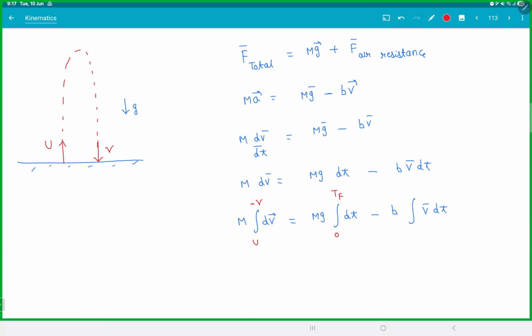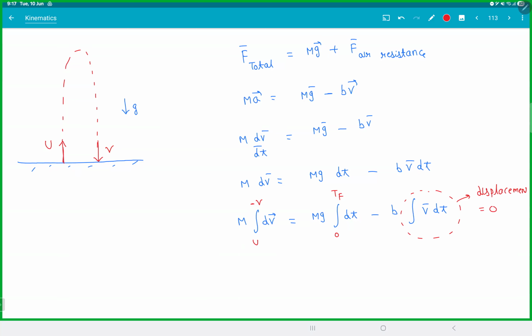Now look at this thing. I don't know v, I don't know dt. I don't know how to calculate this, but try to understand. What is integral v dt? What is this term? Displacement. This term is displacement. So now you tell me, if you go up and come back to the same position, what is the displacement? 0.